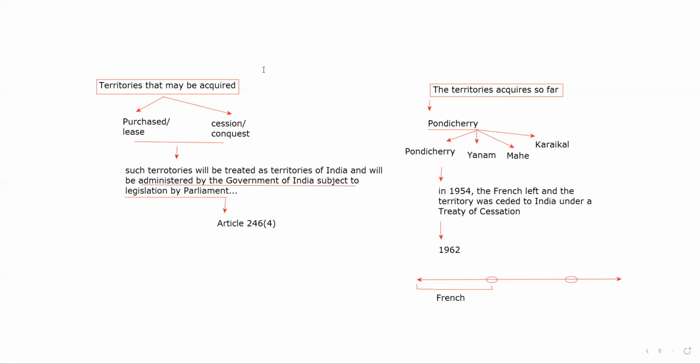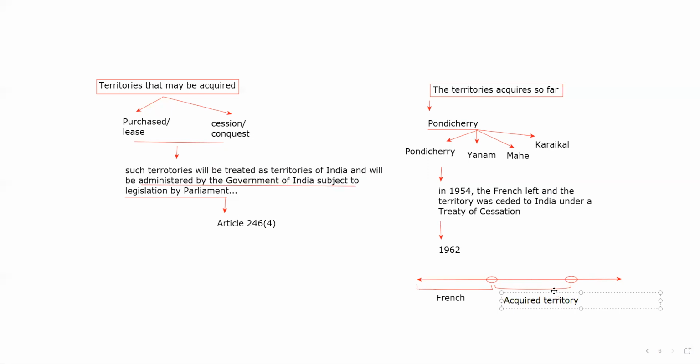In 1954, the French left, and then from 1954 till 1962, it was administered as an acquired territory of India. This is an important point here: acquired territory of India.